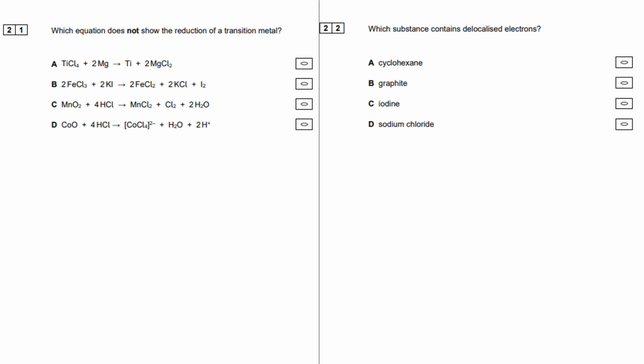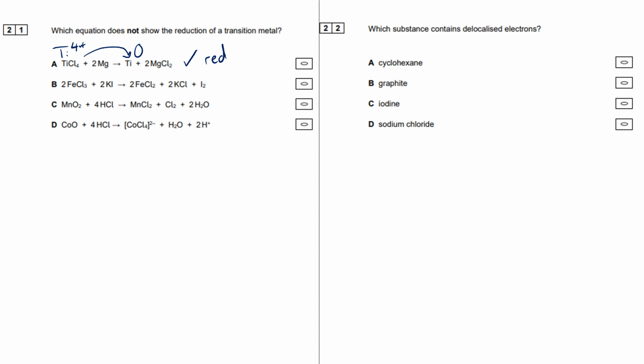Question 21. Which equation does not show the reduction of a transition metal? So A, you've got titanium 4 chloride, so titanium is 4+. It's going to titanium as an element, so it's going from 4+ to 0. Reduction is the gain of electrons or the decrease of its oxidation state.